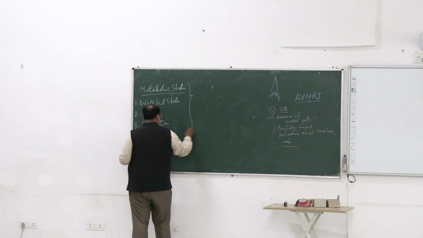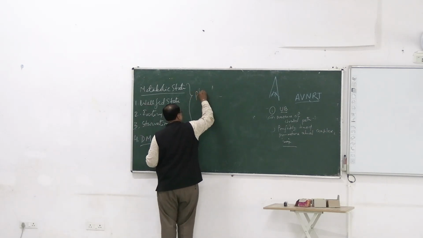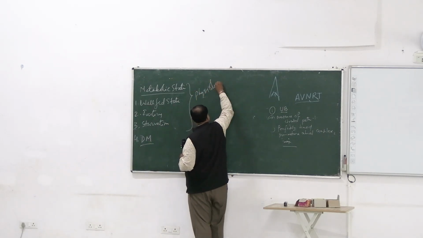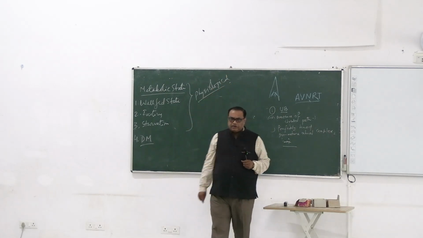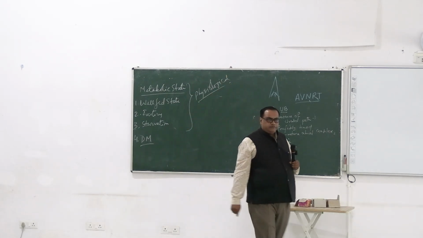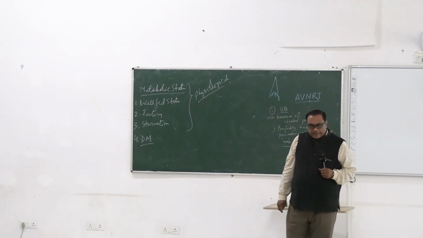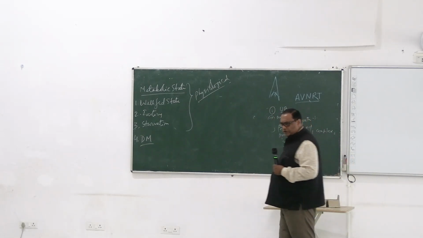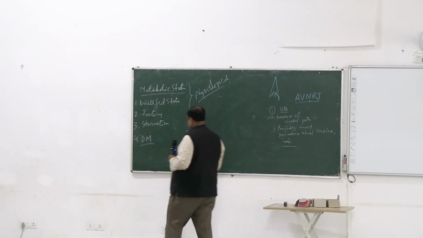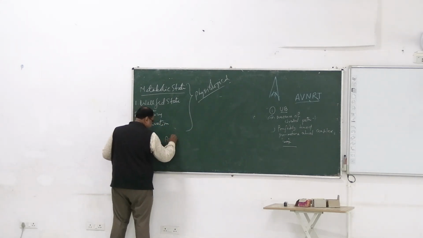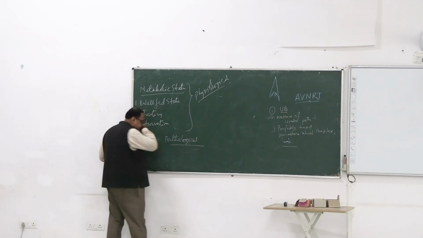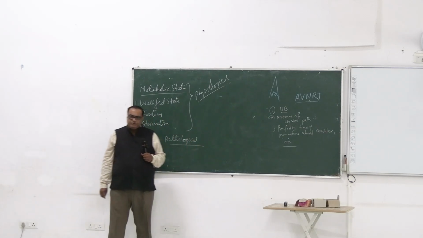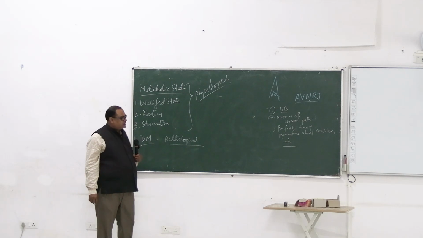Now, these three are physiological states. The fourth one is pathological state. Right? So we will see what are these conditions, and in these conditions how blood glucose level is maintained.